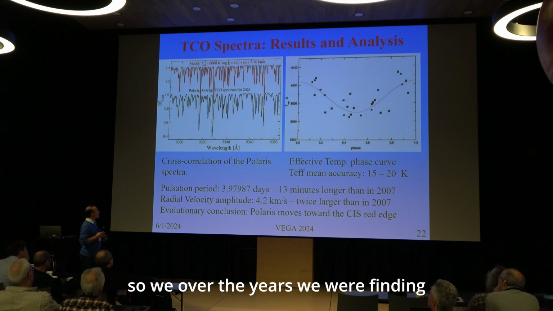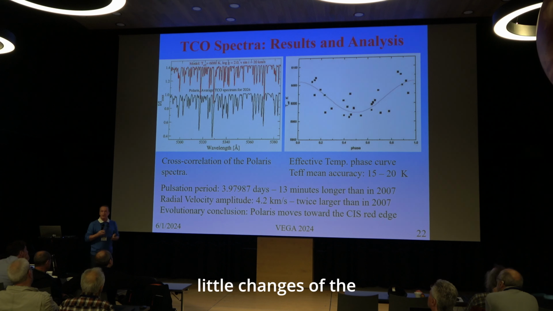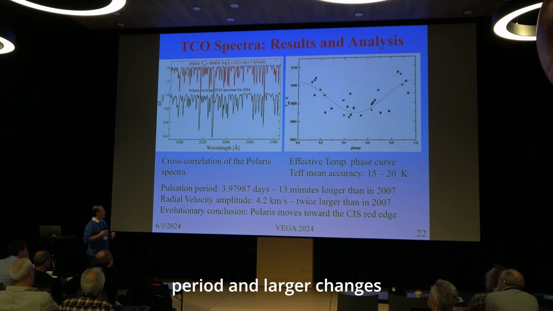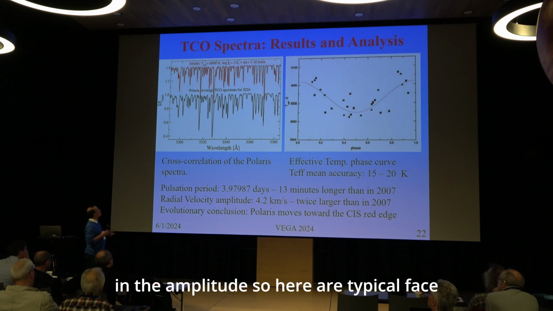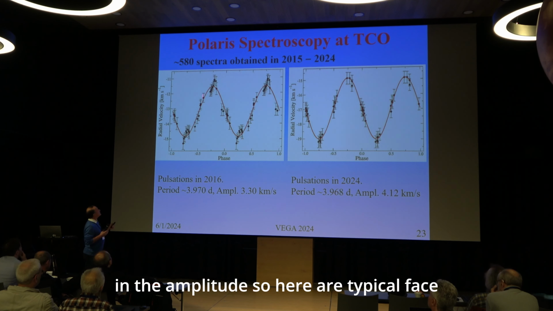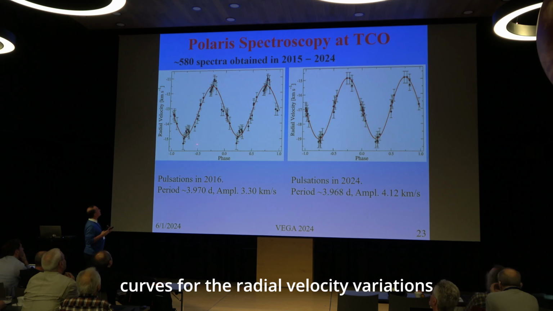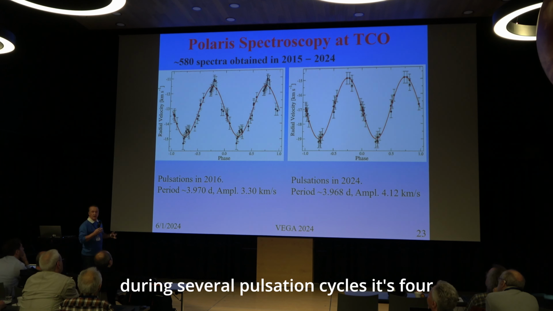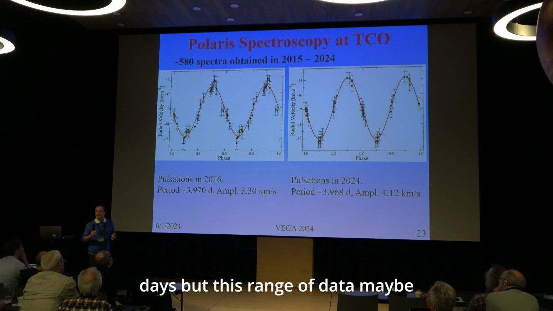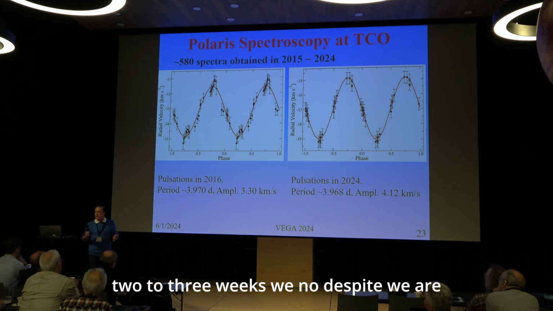Over the years, we were finding little changes of the period and larger changes in the amplitude. So here are typical phase curves for the radial velocity variations during several pulsation cycles. It's 4 days, but this range of data may be 2 to 3 weeks.